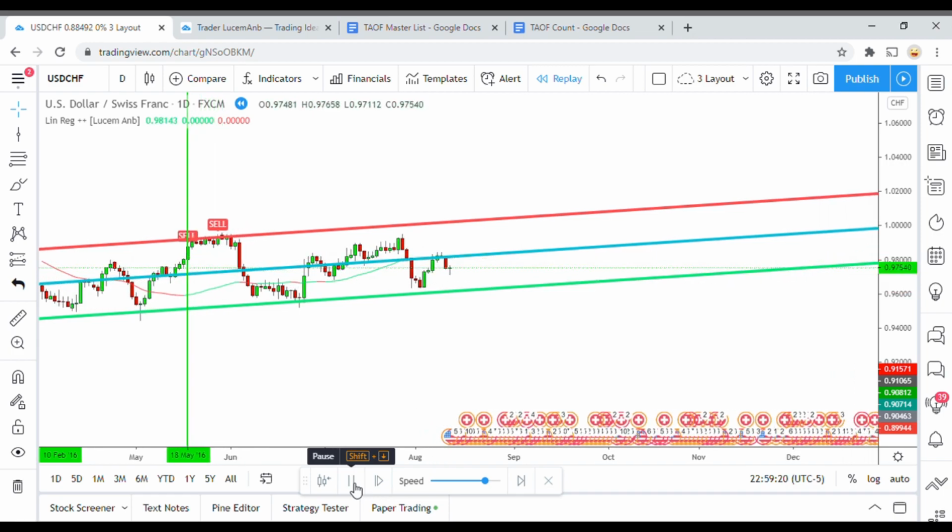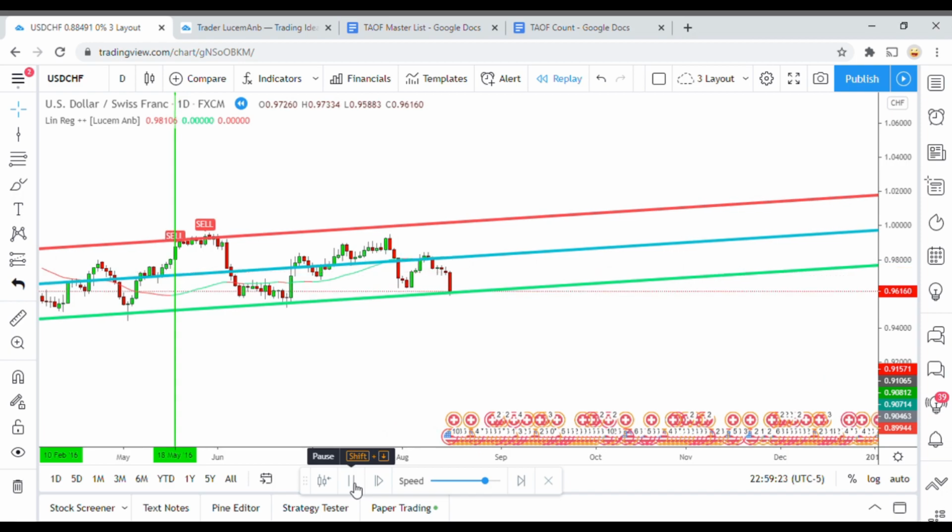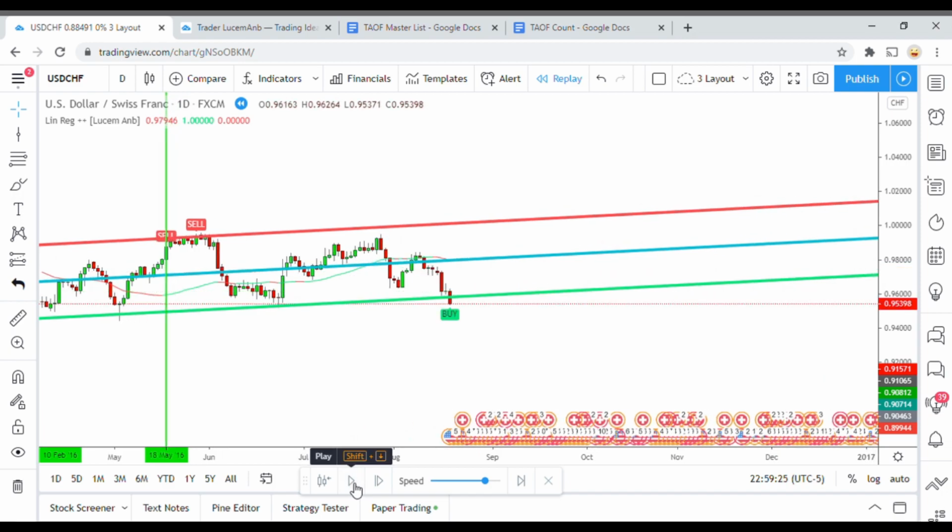Narrowed in very, very close. And then as price action starts to head and momentum comes into the market, it starts to expand itself back out, widening itself.